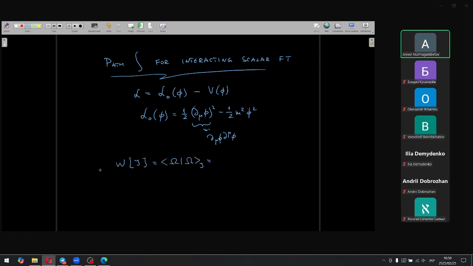And this generating functional in terms of the path integral is denoted by integral over all possible configurations of real scalar field phi on exponent of I integral d4x, and then here we have lambda, which will include the interaction term lambda on phi plus term with external source.